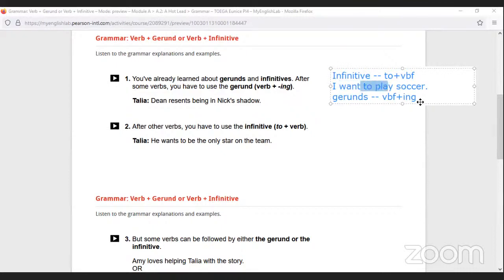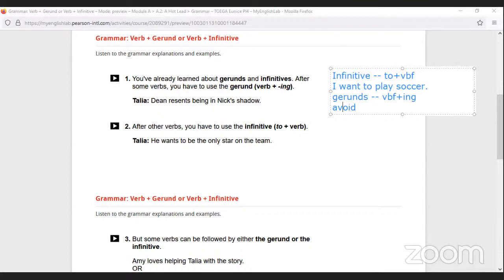But what happens with gerunds? For example, this verb, avoid. Avoid only works with gerunds. After avoid, I will never use an infinitive.